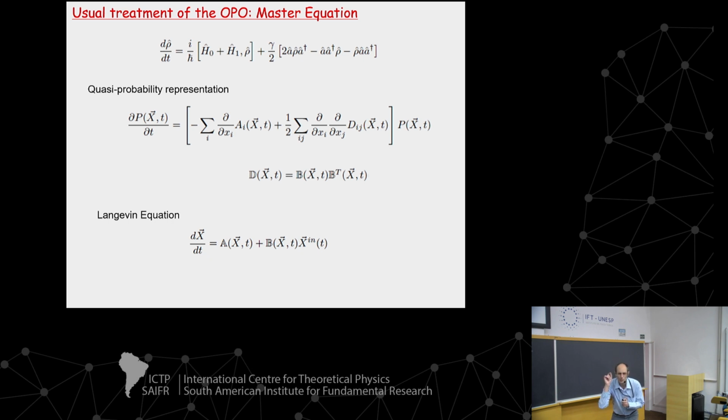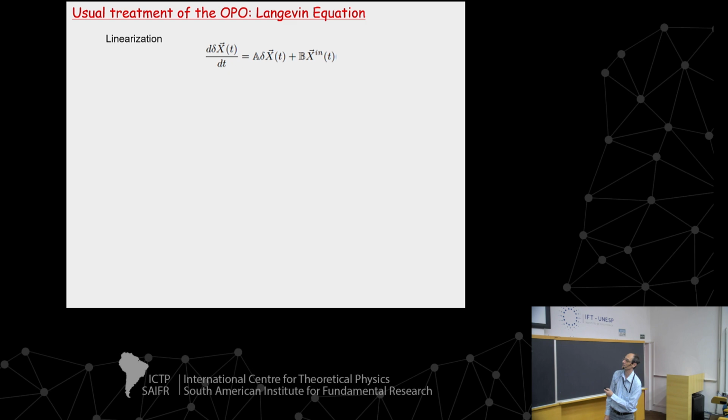And that becomes wonderful when you go here, linearize, and put that in the OPO. As a consequence, when you look at the evolution, for one quadrature, say the difference of the amplitudes, it gets an over-damped process.